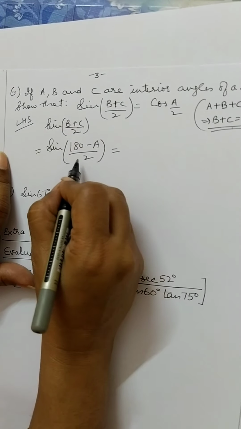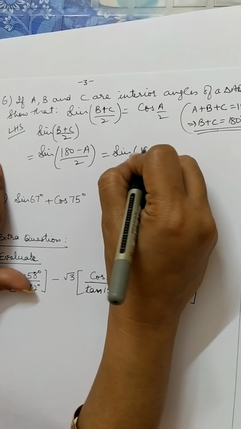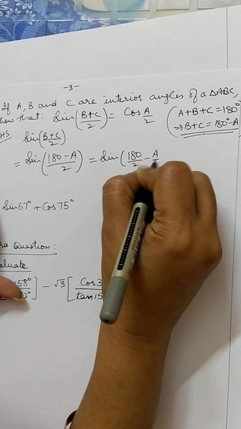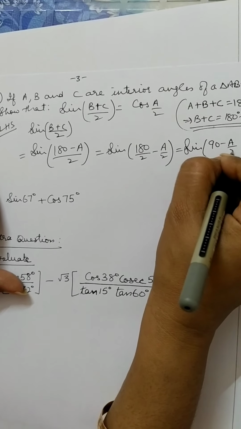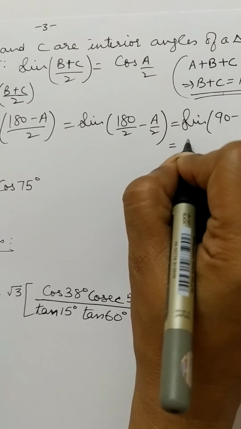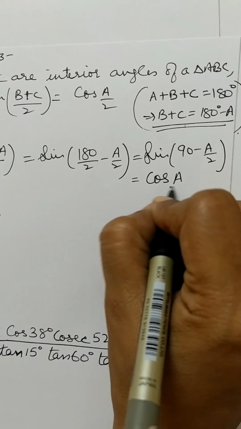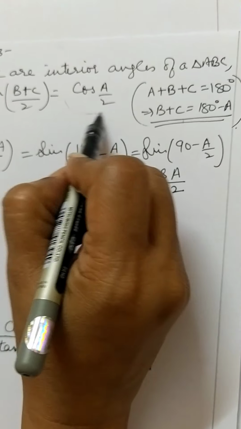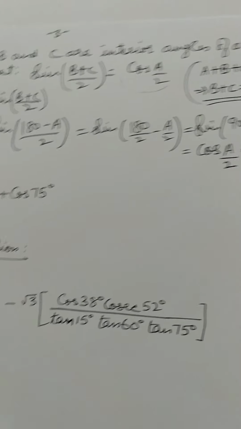Let us take 2 separately: sin (180 upon 2 minus A upon 2), or sin (90 minus A upon 2). Now what is sin (90 minus theta)? It will be cos theta, and in place of theta we have A upon 2. So it will be cos A upon 2, which is our right hand side. So we have proved this result.